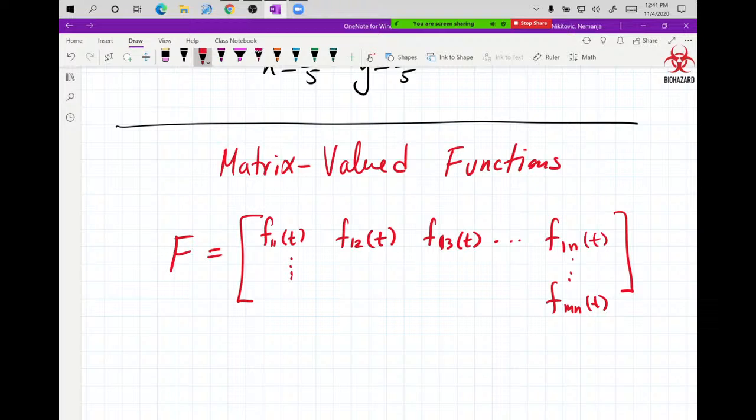So this matrix, if it's, let's say, a 3 by 3 matrix, you can have 9 different functions inside.